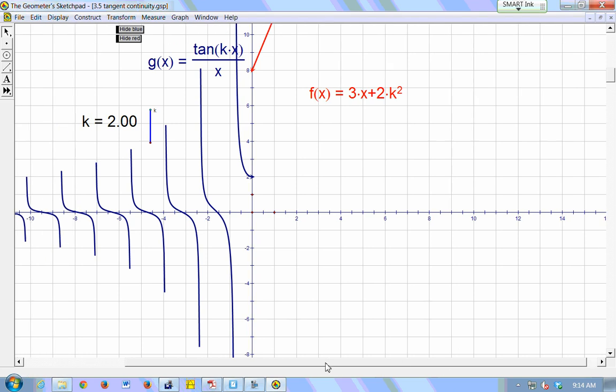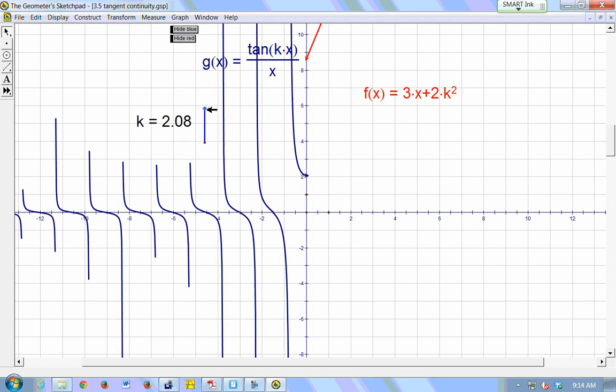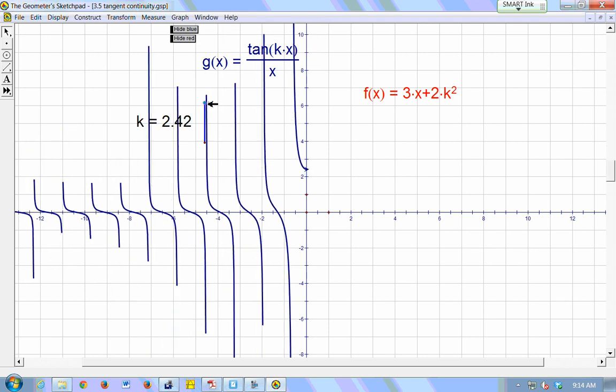I'll just scroll this over. There we go. And I need these two to be continuous at 0. So I need the red to touch the blue at the y-axis at x equals 0. So I'm going to move this slider, k equals 2. You see, as I make k bigger, they get further apart.